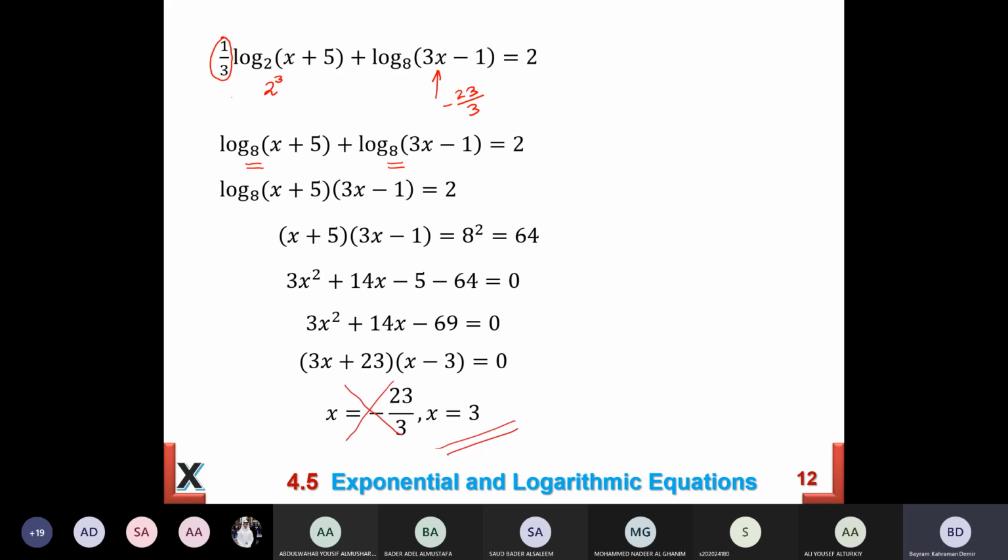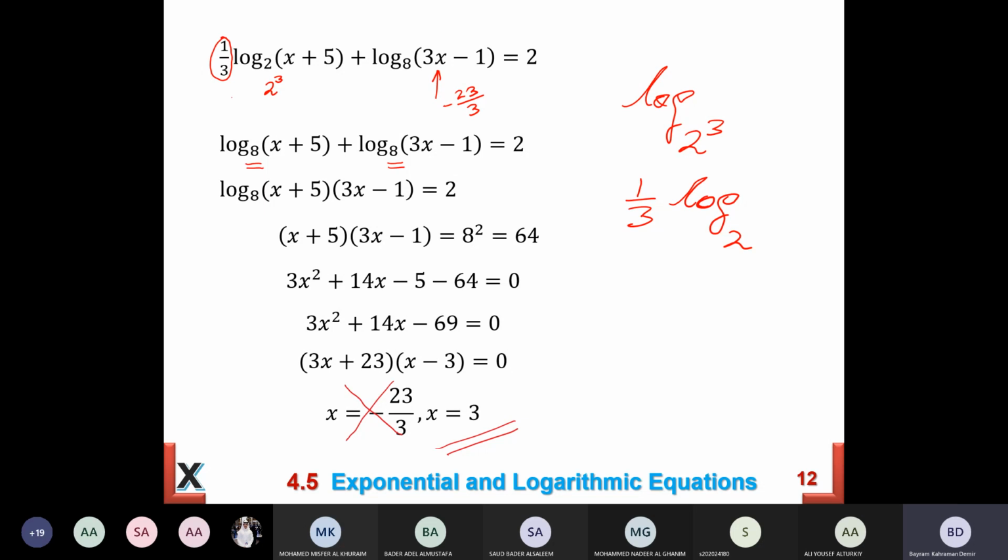All clear. About 1 over 3, how did we make it a power? Shabab, if you have a logarithm here with 2 power 3, so it becomes 1 over 3 times logarithm with power 2, right?